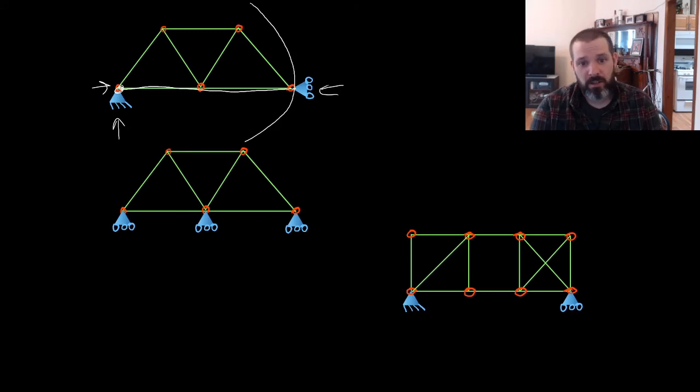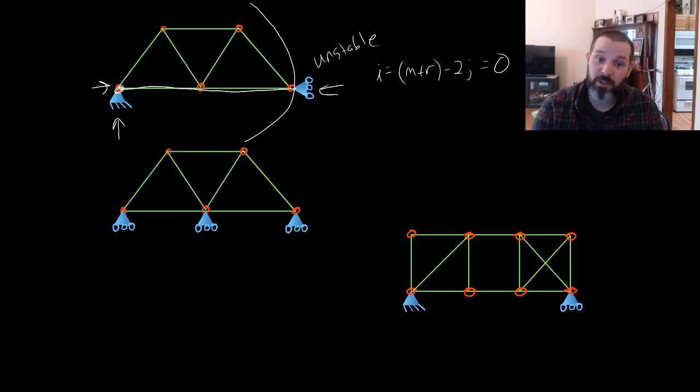This support reaction is unstable. But if you did I equals m plus r minus 2j for this, it would equal 0. And you say, well, it's determinate, but it's not determinate because of the way the forces are. You have 2 concurrent forces. This force here and this force here act in the same direction. This is unstable.